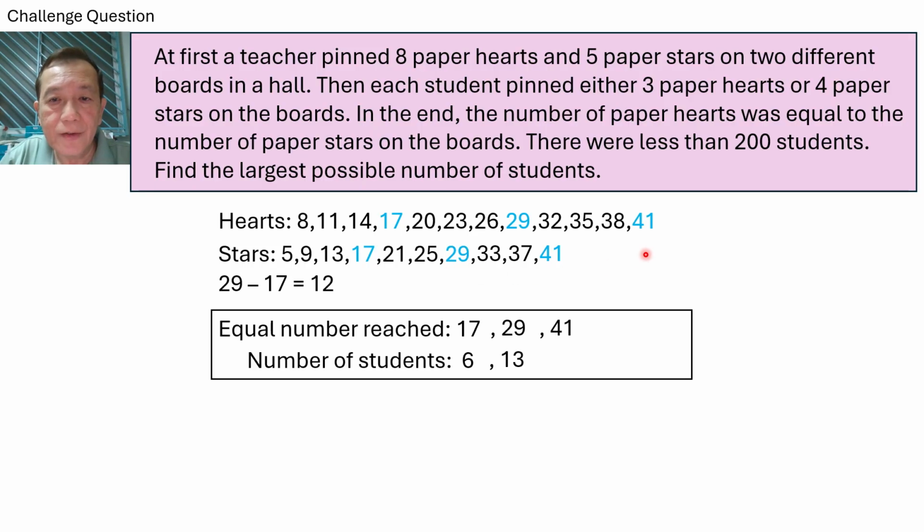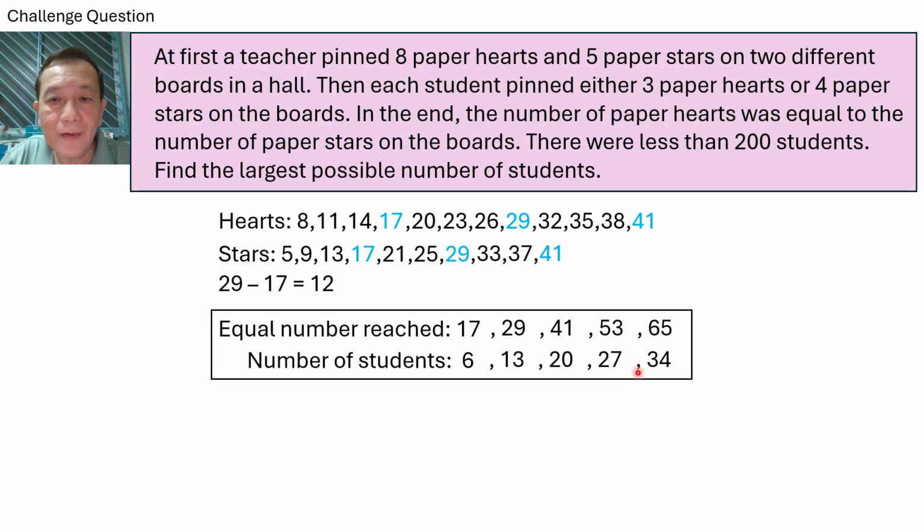When 41 is reached, is 13, which is all this, plus 1, 2, 3, 4, 5, 6, 7, 20. When 53 is reached, again we plus 7. 53 plus 12, 65. 27 plus 7, 34.